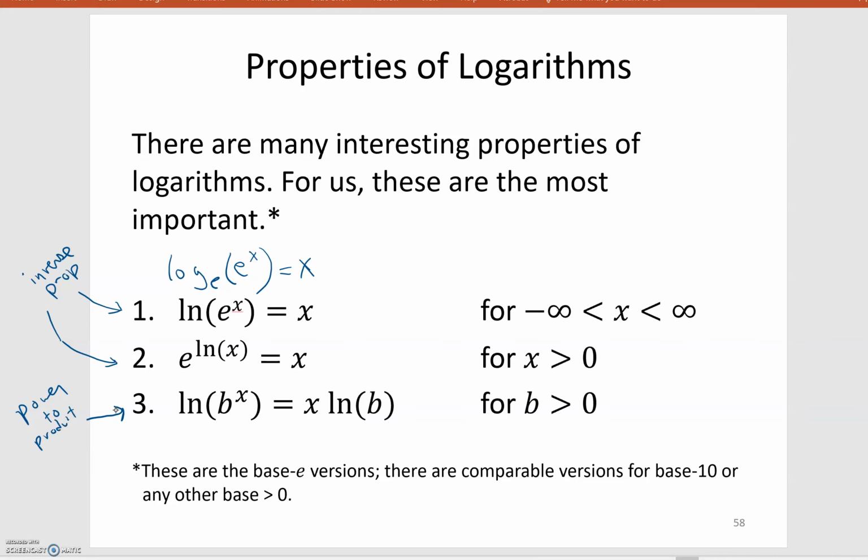Notice what happens when you take the natural log of a value b raised to the x power, where the base is larger than 0. It pulls down the exponent and converts that power to a product, a multiplication. And then you still have ln of b, so you still have ln of the base. Okay, so those are my three properties that I'm going to be using.